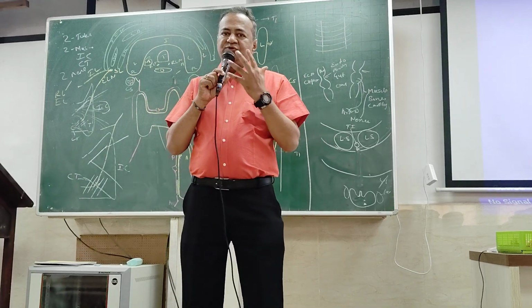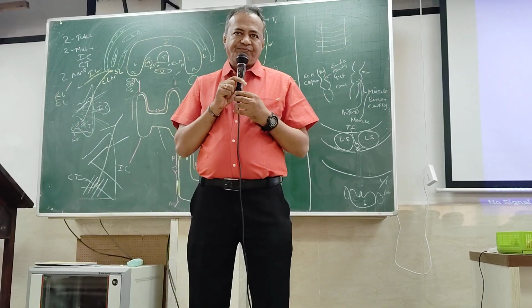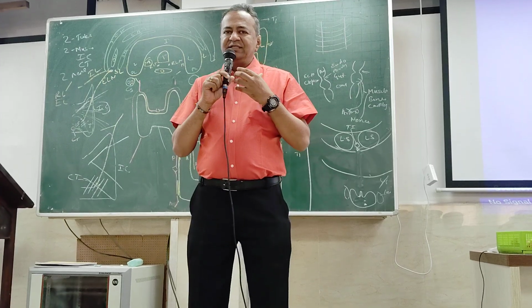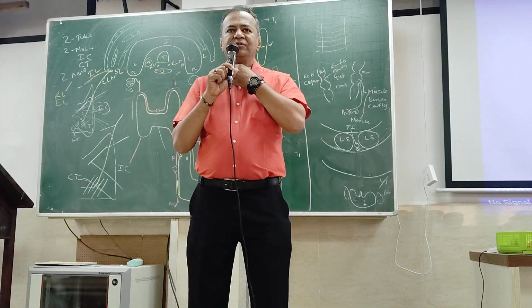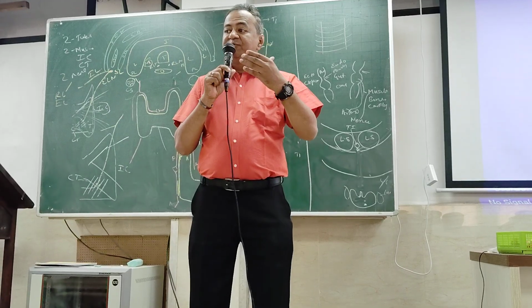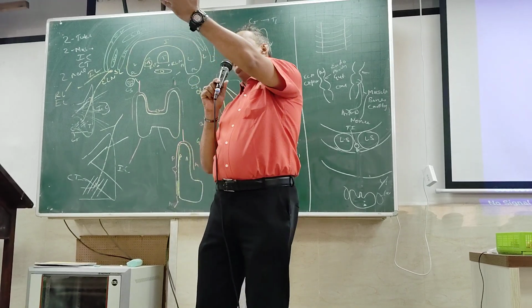thyroid has a true capsule and a false capsule. The true capsule is made up of tissue of the thyroid only, just condensed around the gland. The false capsule is made by the pretracheal fascia.